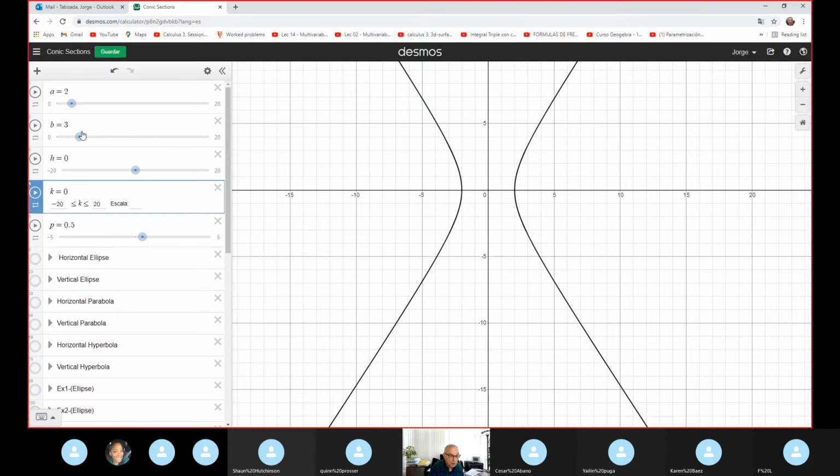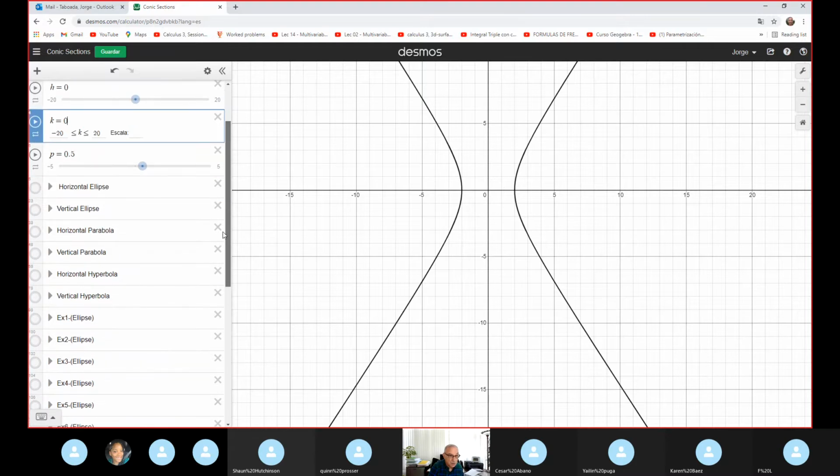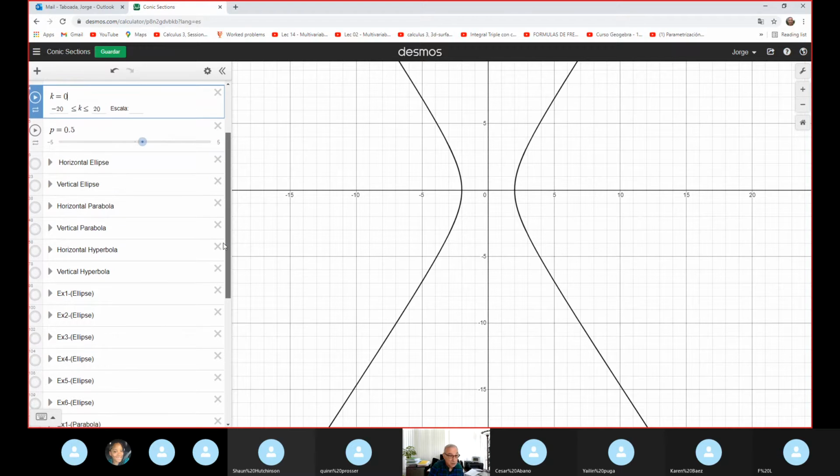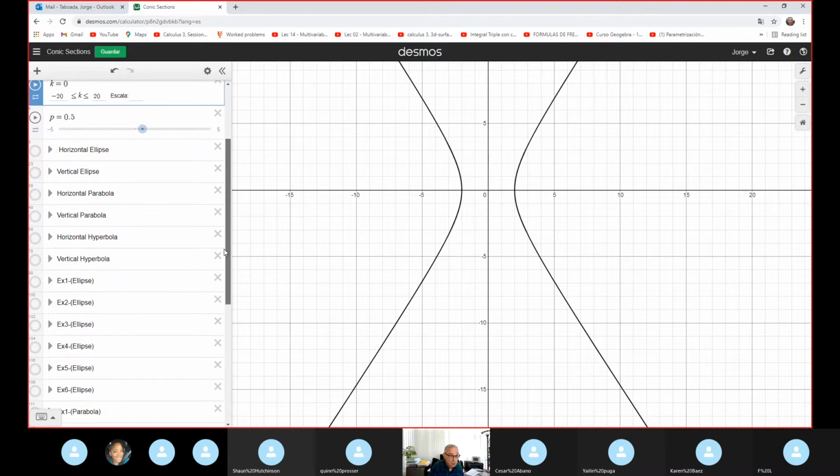For the hyperbola, only a and b. It automatically computes c. The categorization is horizontal hyperbola, because the transversal axis is horizontal, or at least parallel to the x-axis.